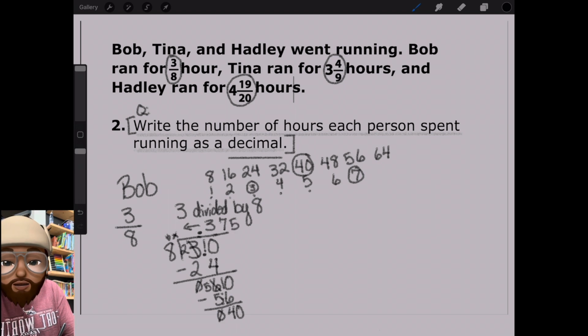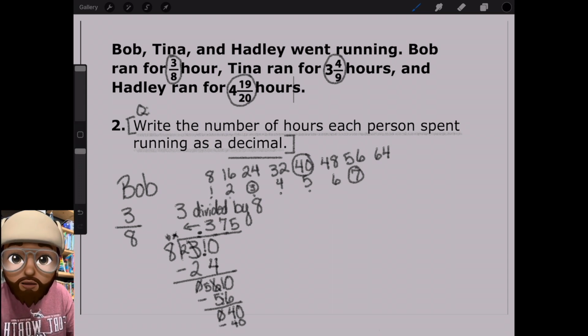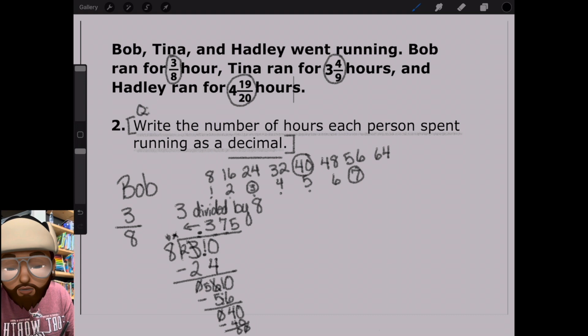So let's add the 5 at the end. Now we have 5 times 8 equals 40. So now we subtract 40 minus 40, 0 minus 0, 4 minus 4. We have no remainders.